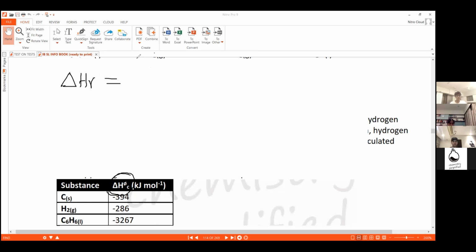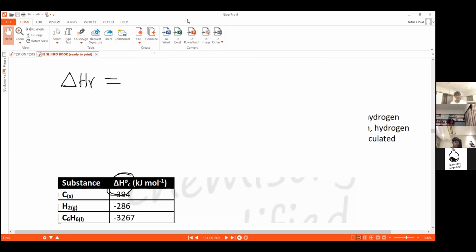The reaction is 6 carbon plus 3 hydrogen gives you benzene, and I need to find the enthalpy change of this reaction, first by using the formula.